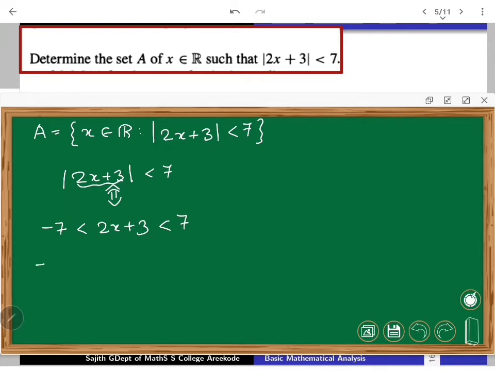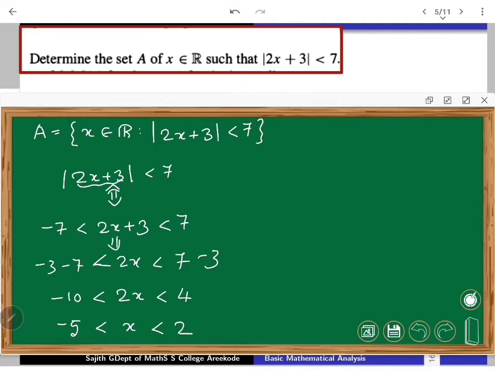So minus 3 minus 7 less than 2x, which is less than 7 minus 3. So altogether I am going to get minus 10 less than 2x less than 4. Now 1 by 2 is positive, so I just multiply all together. So I will be getting minus 5 less than x less than 2.